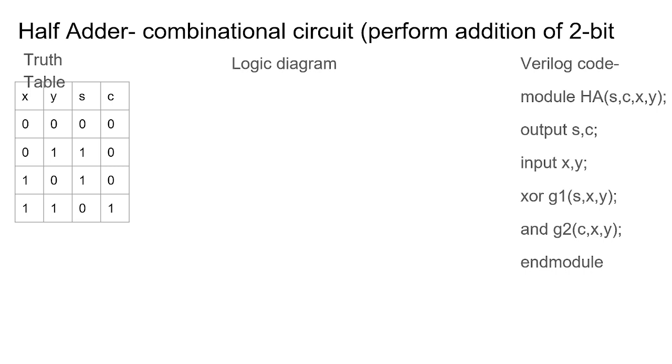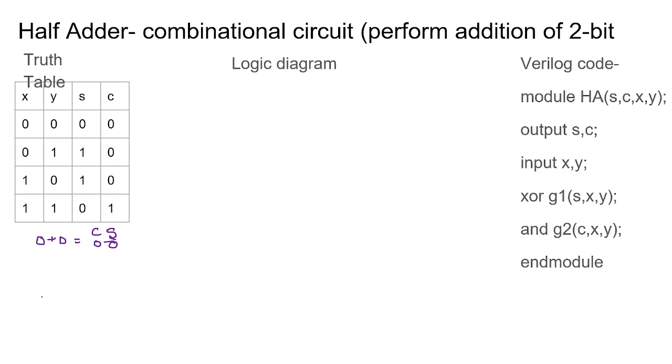The first circuit, let's start with the half adder. Now we can see, first 0 plus 0 gives carry 0 and sum 0.